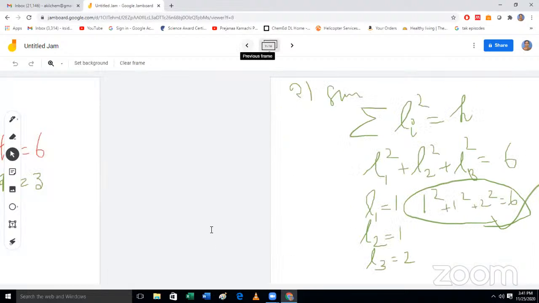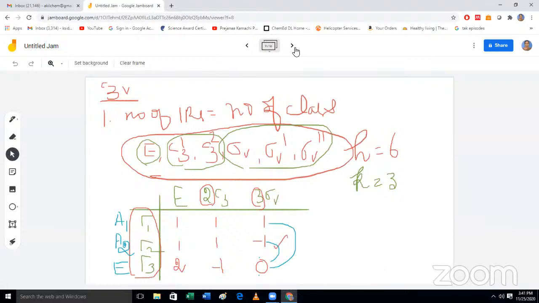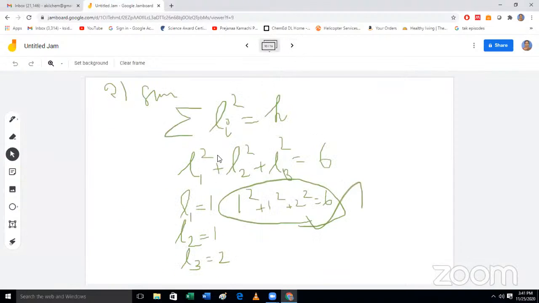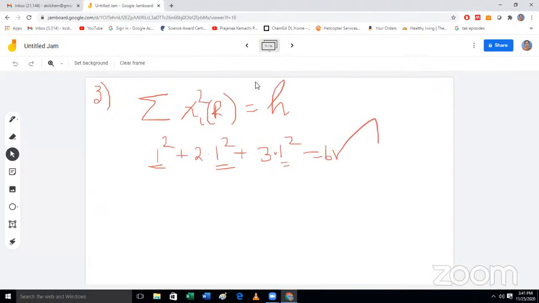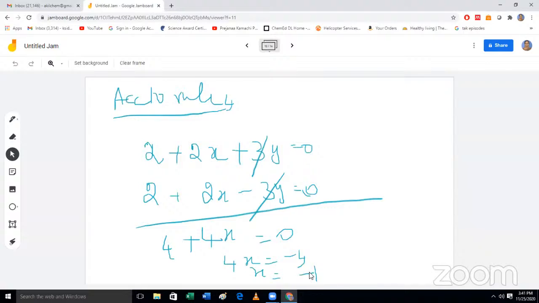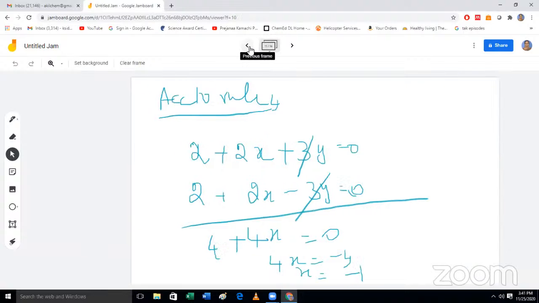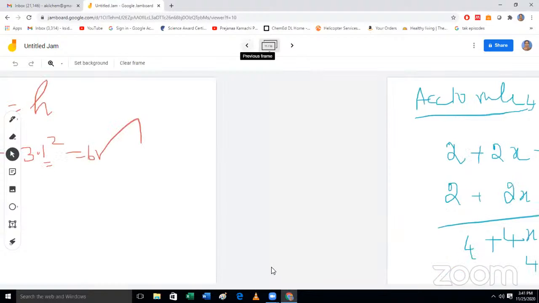Then, by applying rules 3 and 4, you fill up the whole thing. This one you are having as x and y, and you are solving the equation like this, and then you are getting the x value as -1 and the y value as 0. So the character table comes out like this.